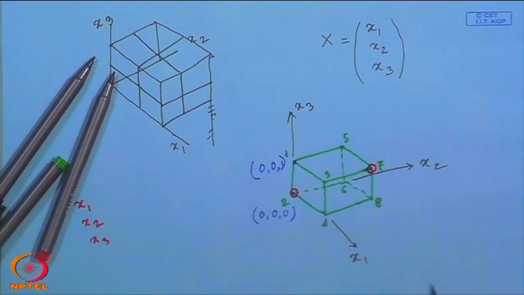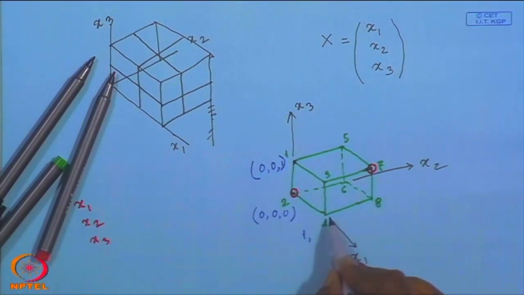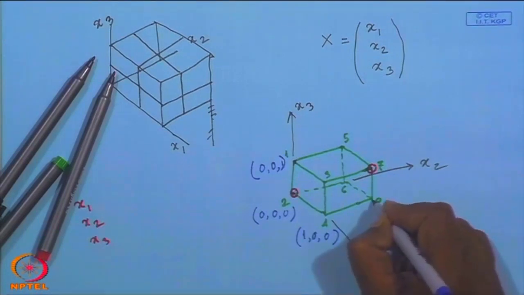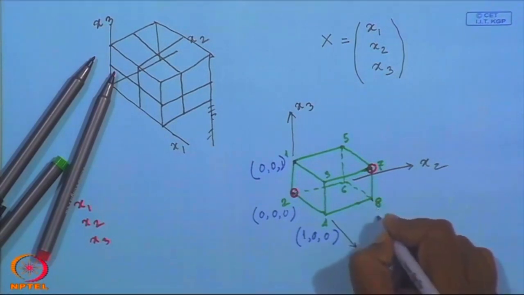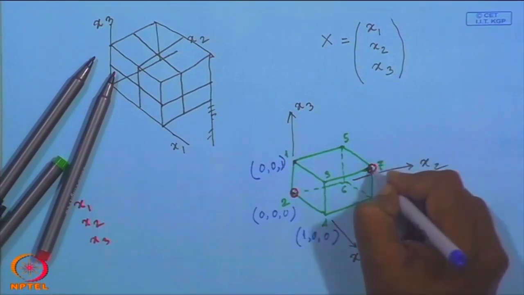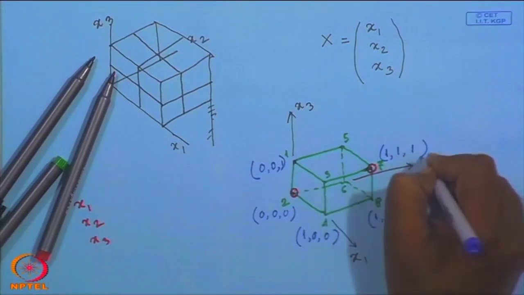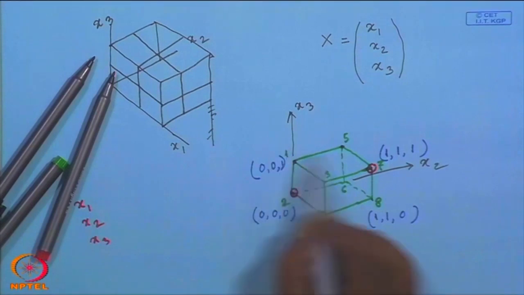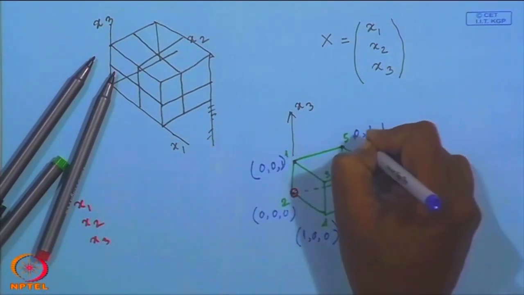This vertex will be 1, x2 component will be 0, x3 component will be 0. For this vertex, both x1 and x2 components will be 1, whereas x3 component will be 0. So, it will be 1, 1, 0. For this vertex, all of them will be 1. For this vertex, I will have x2 component 1, x3 component 1, but x1 component is 0. So, it is 0, 1, 1.